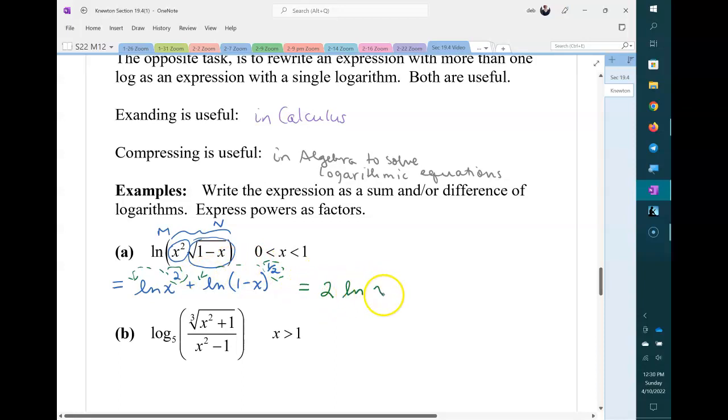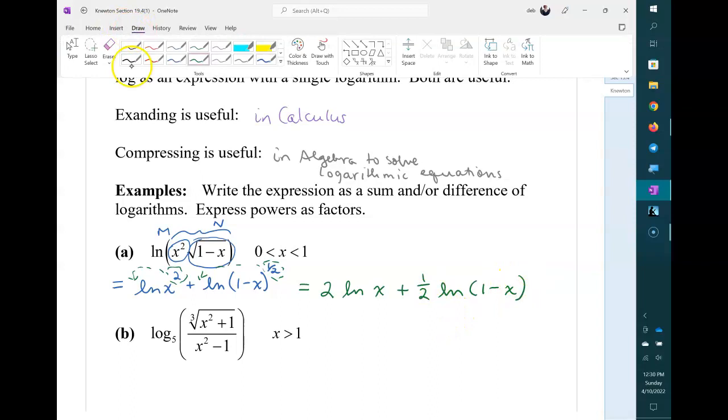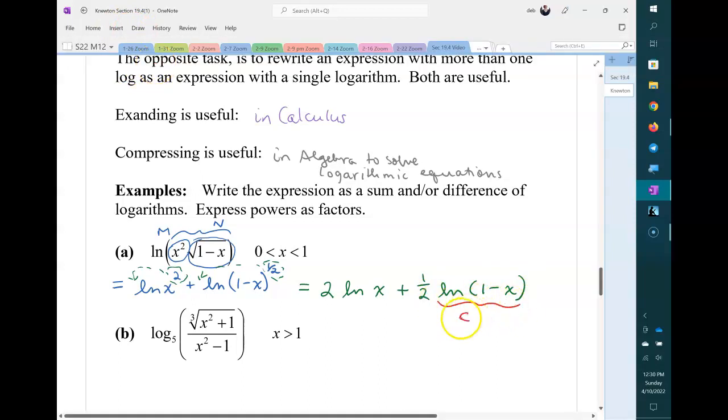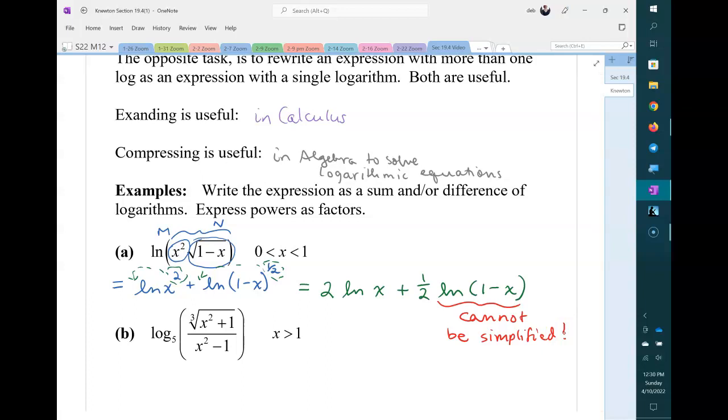So I'll have 2 times the ln of x plus 1/2 times the ln of 1 minus x. And please note that this ln of 1 minus x cannot be simplified. We don't have any property for the log of a difference or the log of a sum. Our properties only speak to the log of a product or the log of a quotient.